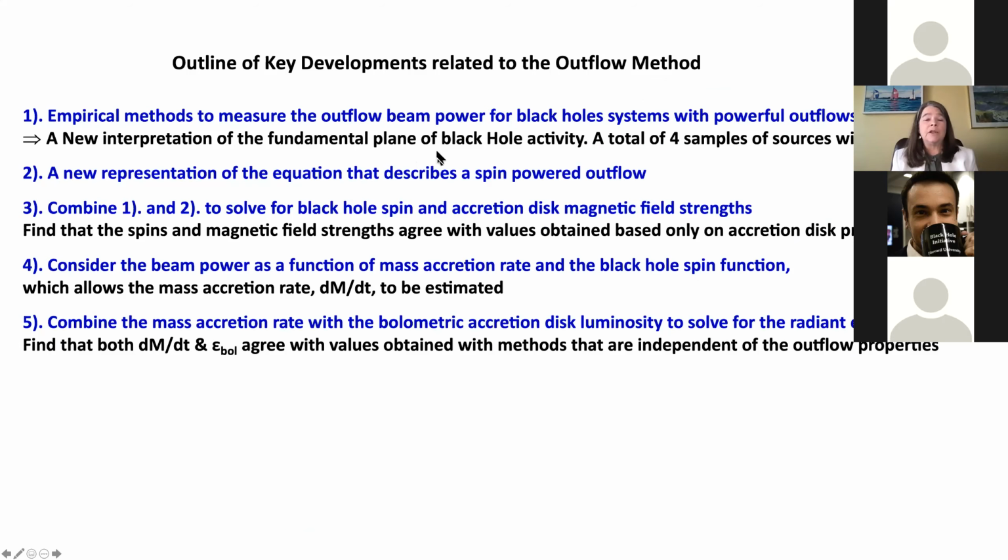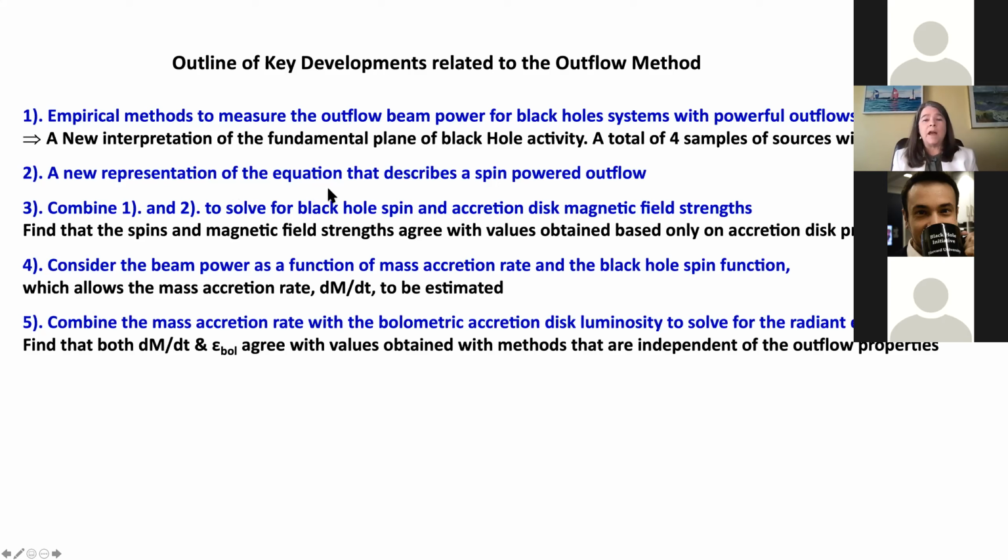And that includes a new interpretation of the fundamental plane of black hole activity. And that will lead to 4 samples of sources for which we will have beam powers plus bolometric luminosities and Eddington luminosities.